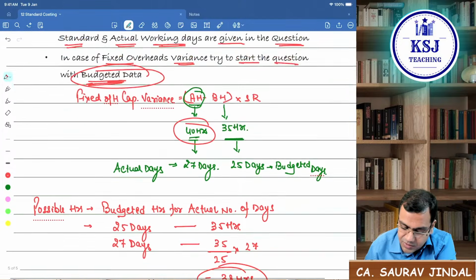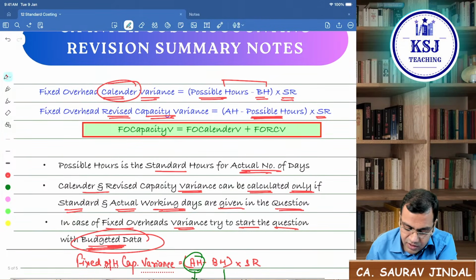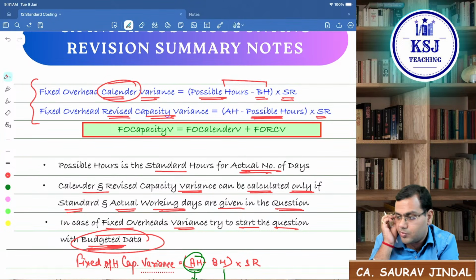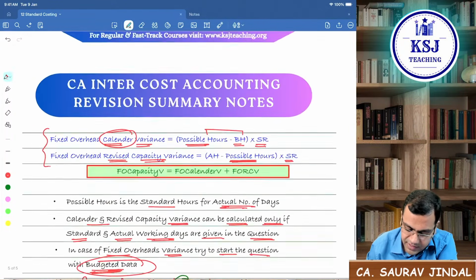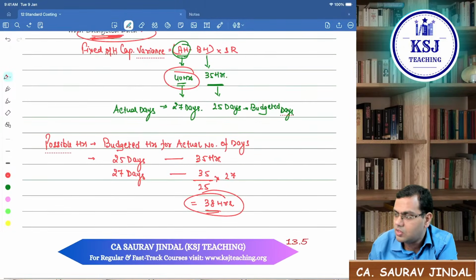This possible hours part is clear? For calendar and revised variance, is this possible hours part clear? Yes. So with this, we are done with all the variances.